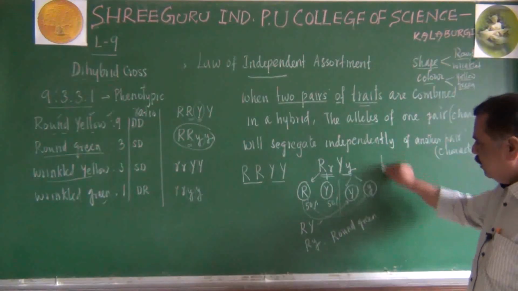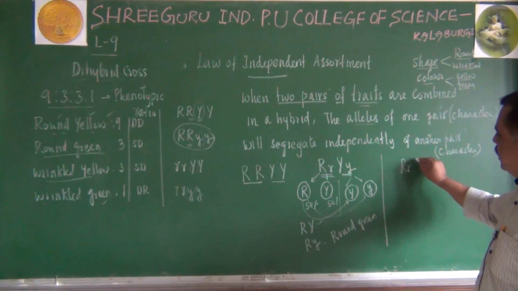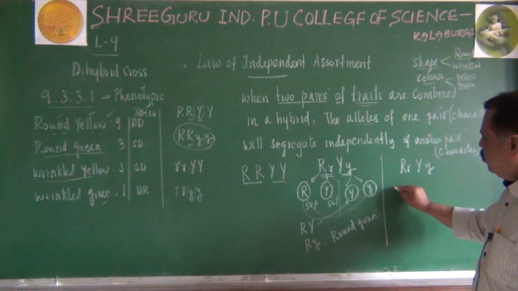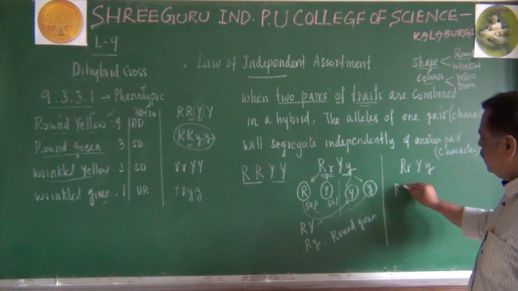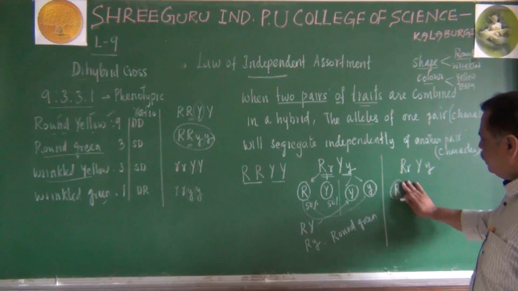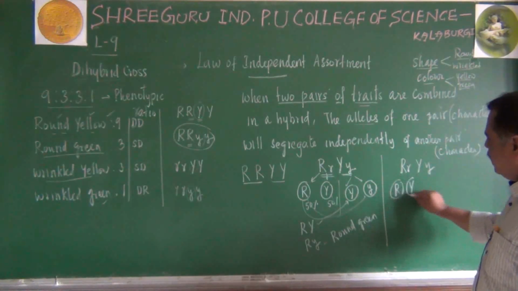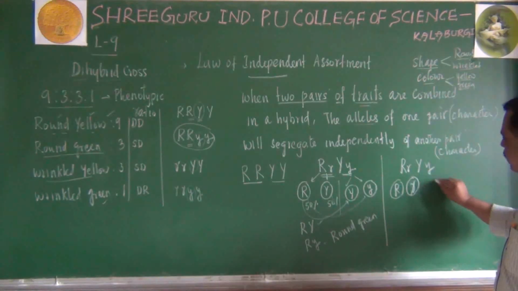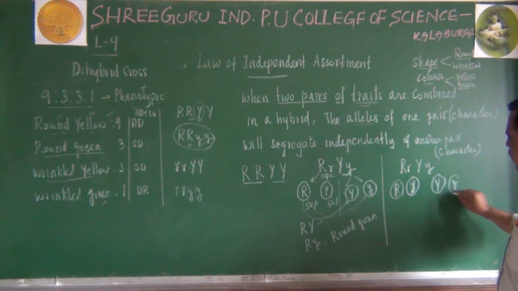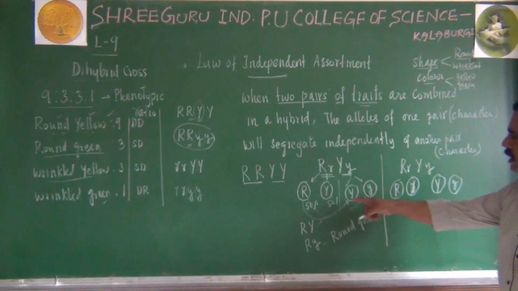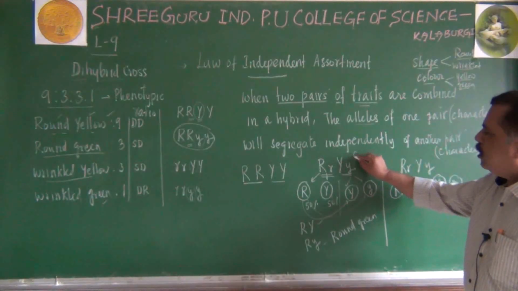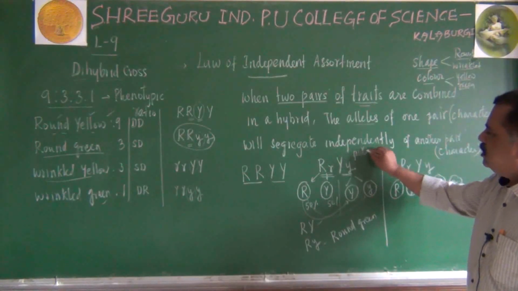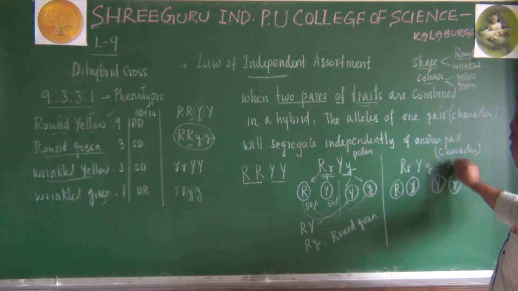Imagine this is one hybrid. I am taking another hybrid here. It will produce an egg or this one with two types of gametes: capital R, small r, capital Y, small y, like this. Now these are the antherozoids or pollen. If you imagine, this will become the egg.